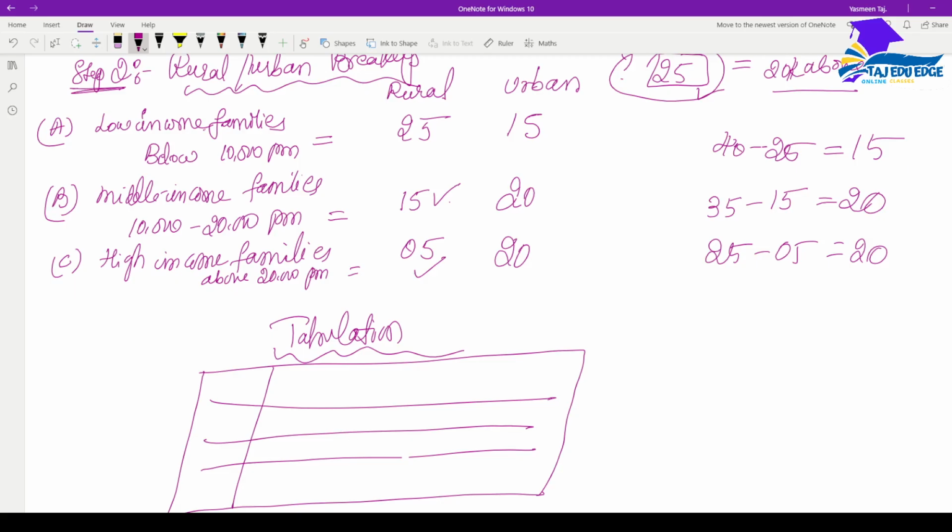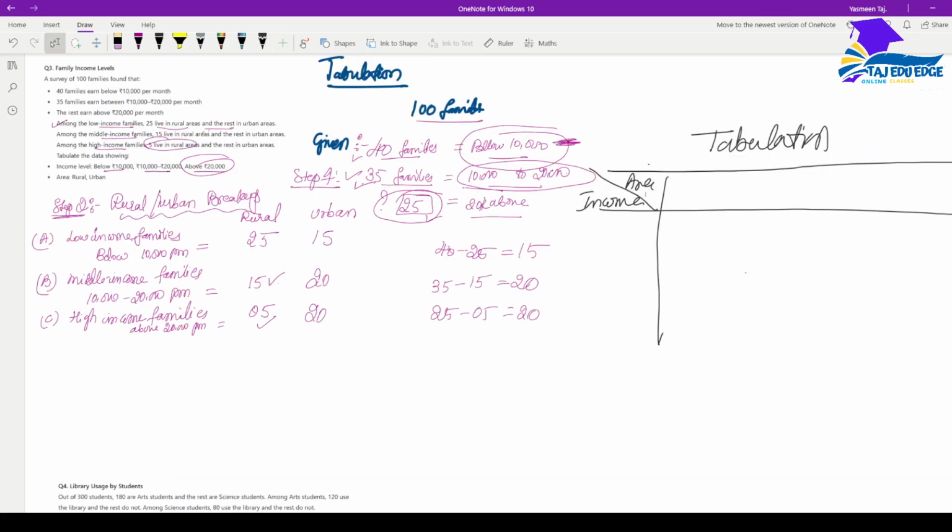Okay, so here what I will do is write the incomes in the rows. I am drawing it neatly.